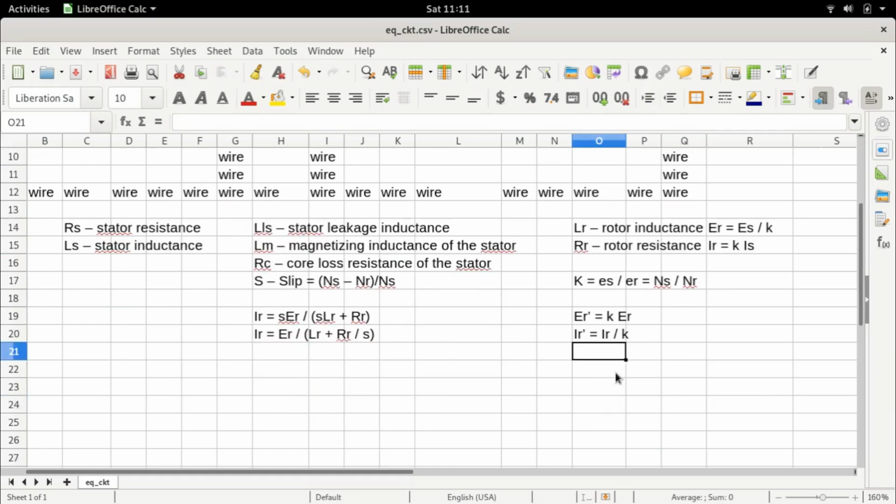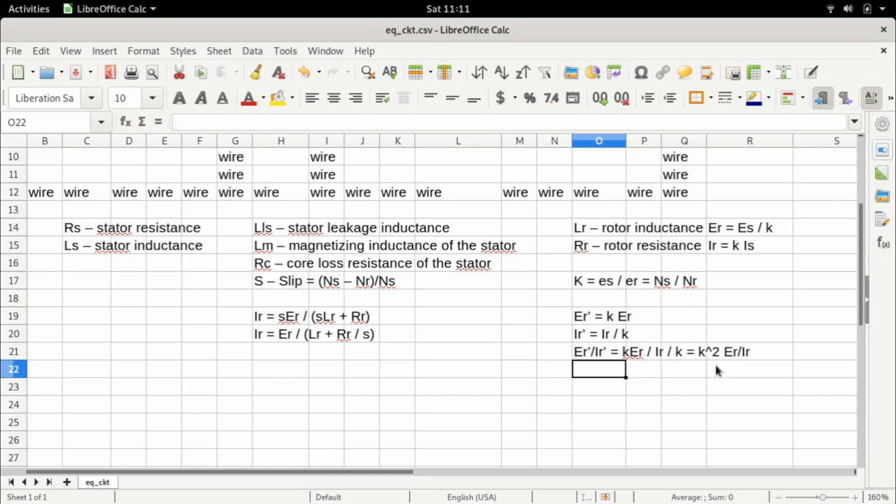Quite obviously, ER dash divided by IR dash is equal to K ER divided by IR divided by K, and this is merely equal to K raised to 2 into ER divided by IR, because this K in the denominator goes to the numerator.